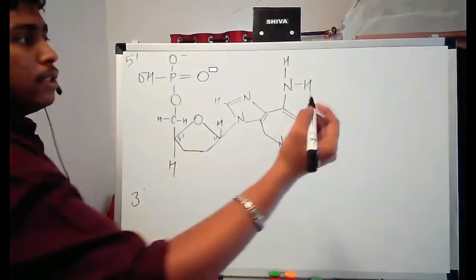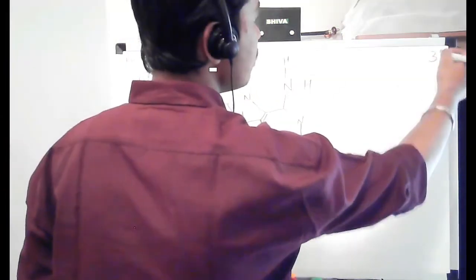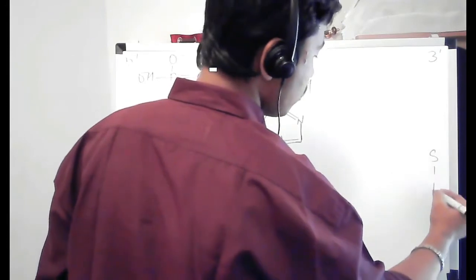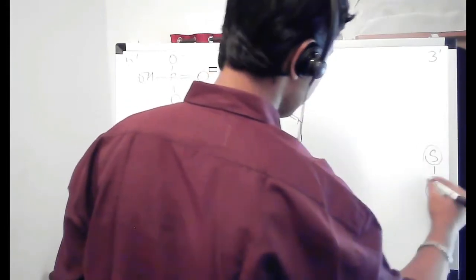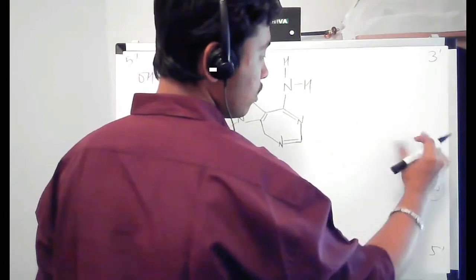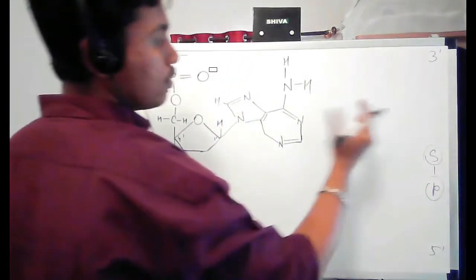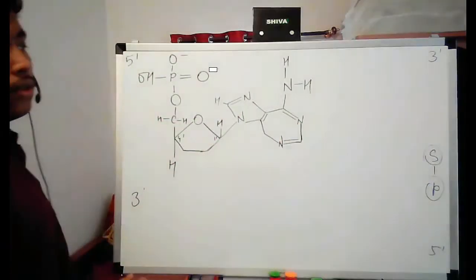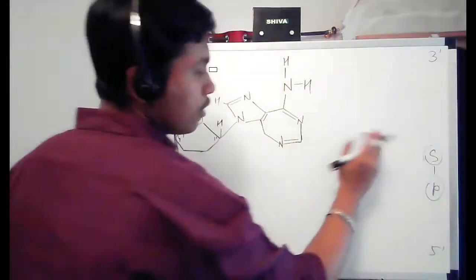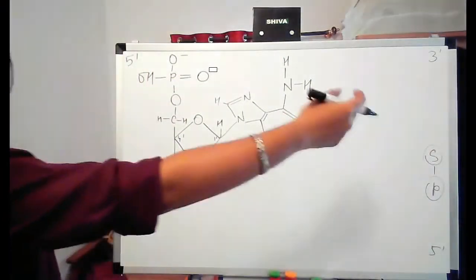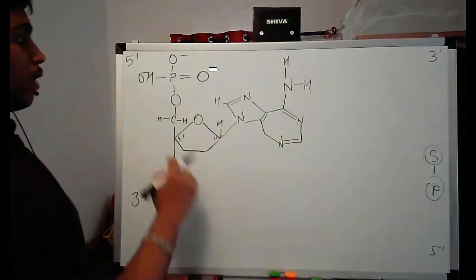Now let us draw thymine. If you remember, this side will be 3 prime to 5 prime, so the sugar and the phosphate will be below, and then there would be a connection, and the thymine would be upside down. It will have a lateral inversion as well as being upside down, because the sugar phosphate is upside down now compared to this.